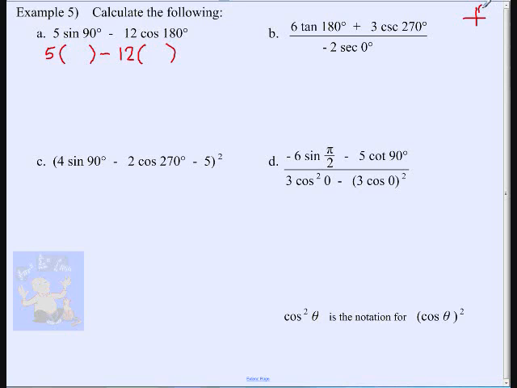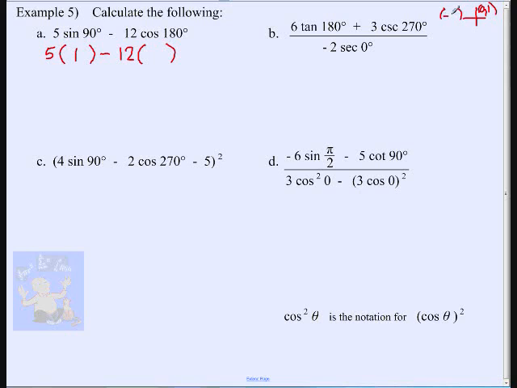It would be 0 for x and 1 for y. So this would be 1 over 1. And cosine at 180, that would be right over here. And what are the x and y if we've got a radius of 1?